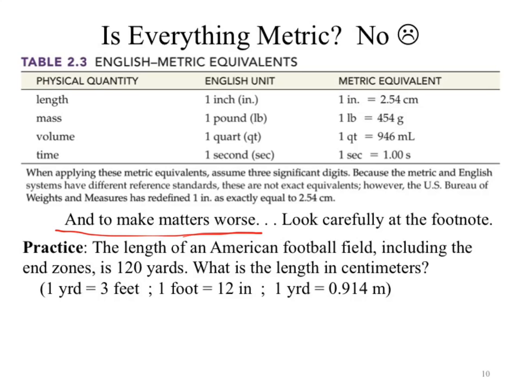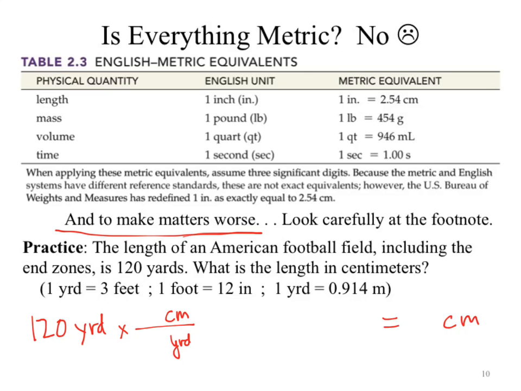Where do we want to start? 1 yard equals what? Centimeters. What did we start with? 120 yards. So our very first step, do we have a conversion between centimeters and yards?